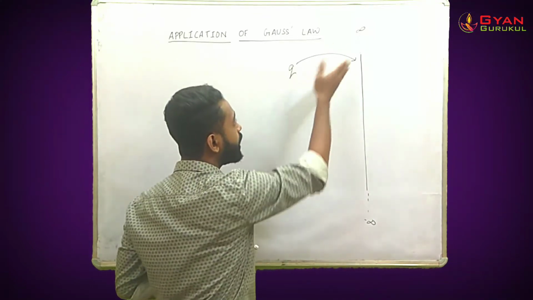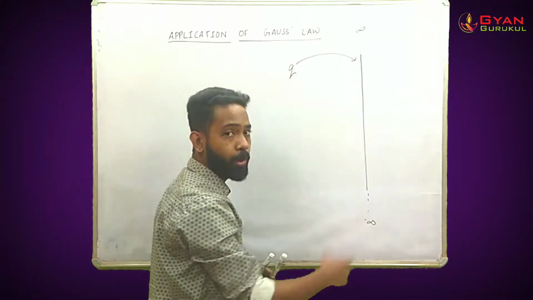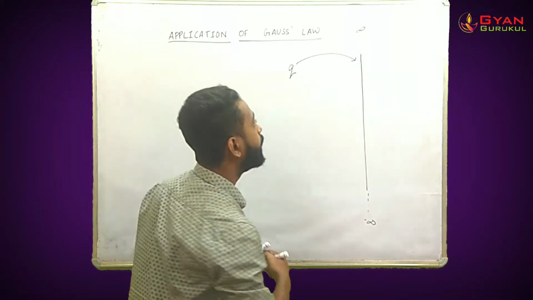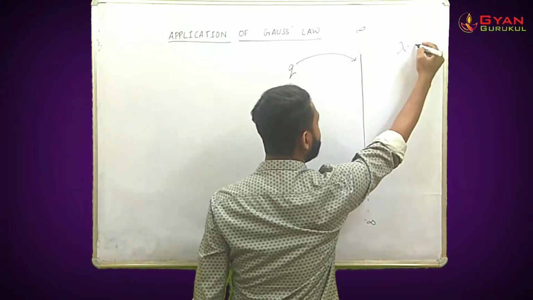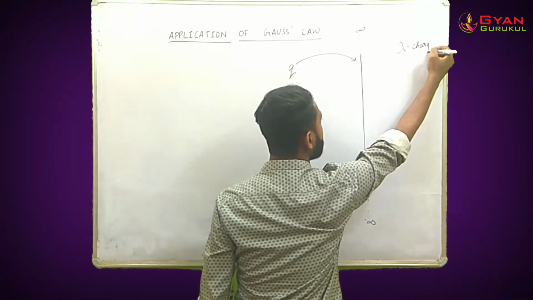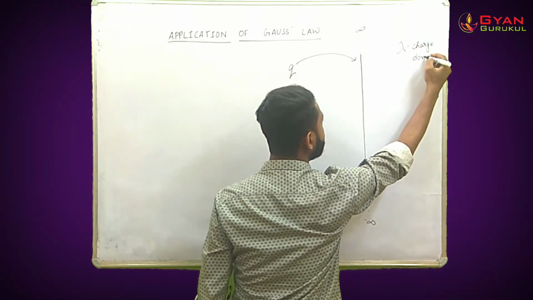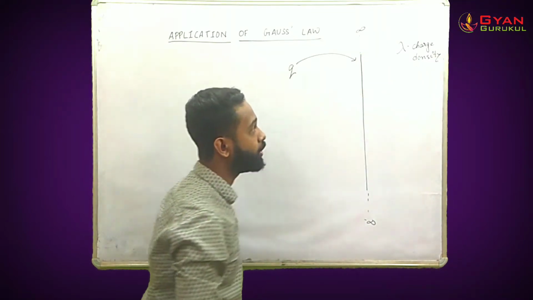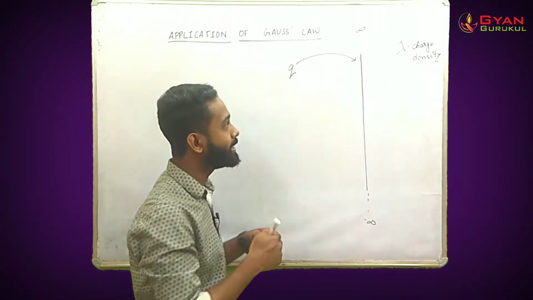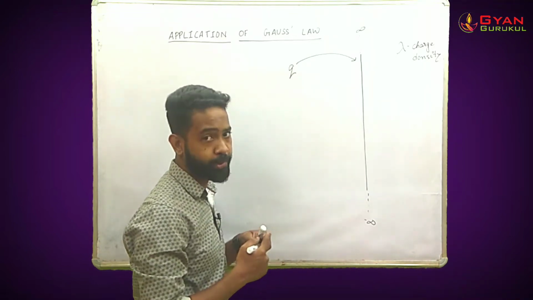The amount of charge per unit length for the whole line would be the same, or uniform. So we represent that by lambda, which is known as the charge density. The charge density for this strand of hair, or for this 1D line, is represented by lambda, which is uniform.